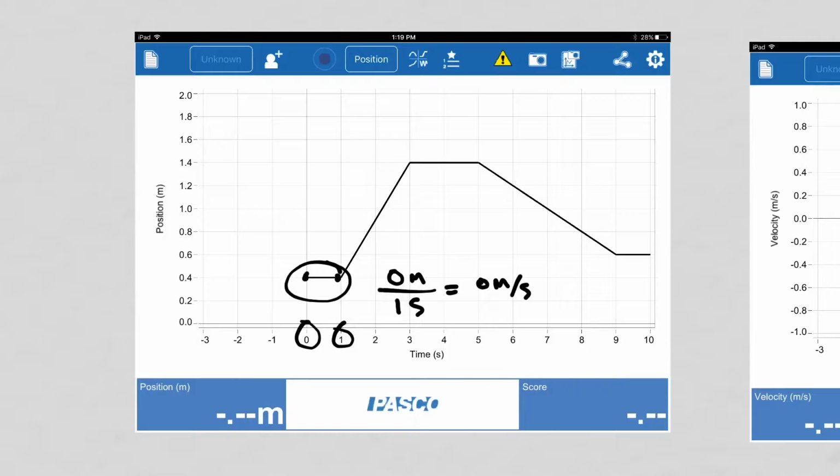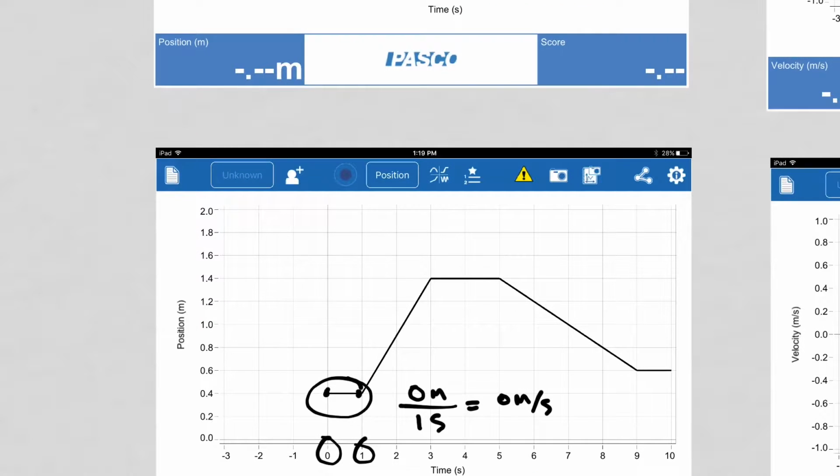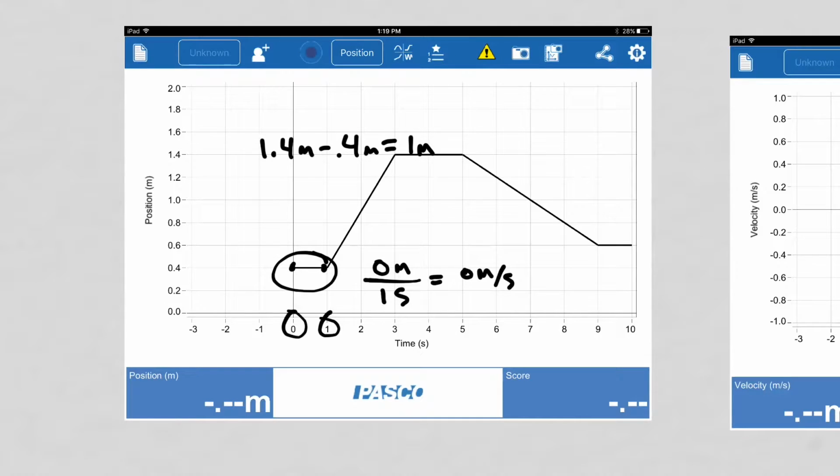And then next we have to look at this section of the line right in here. I'm actually going to undo that. This section of the line right here. So we go from 0.4 to 1.4, so 1.4 meters minus 0.4 meters is equal to 1 meter, over how many seconds?